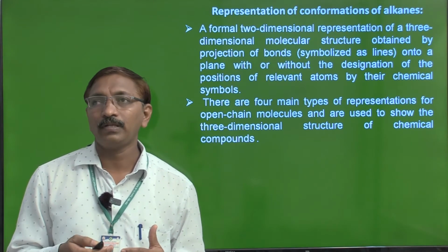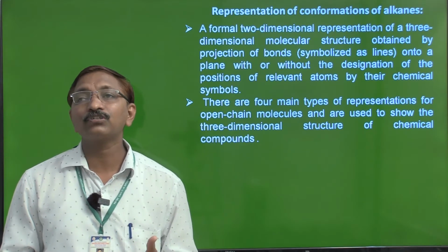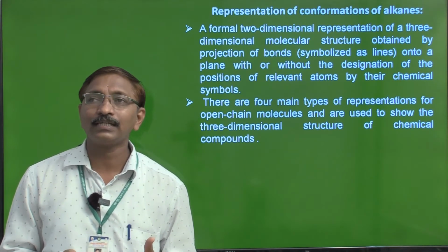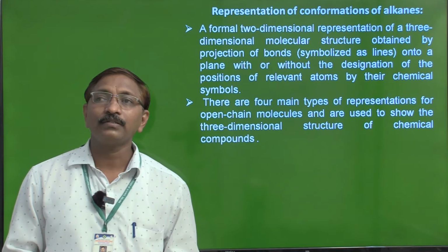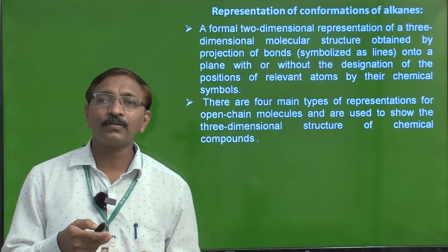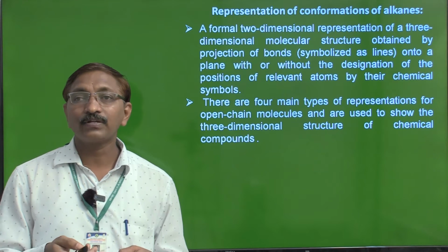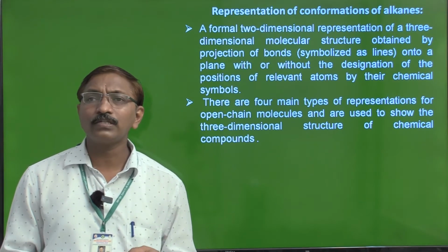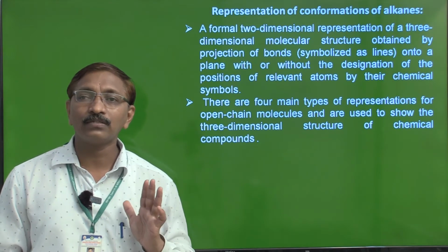So the structure can be obtained from the 2-dimensional representation of the 3-dimensional molecule because of the projection formula. Here there are different types of representation of open chain structures like alkane, based on the 3-dimension, and the chemical properties of that particular compound can be explained using the different projection formulae. The projection formula is very easy for understanding the structure in 2-dimensions as well as on paper.